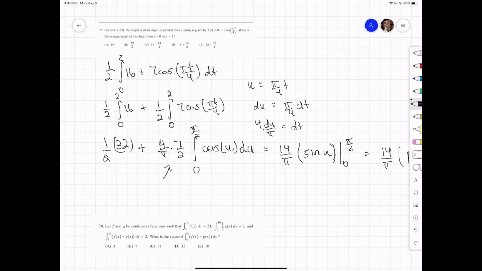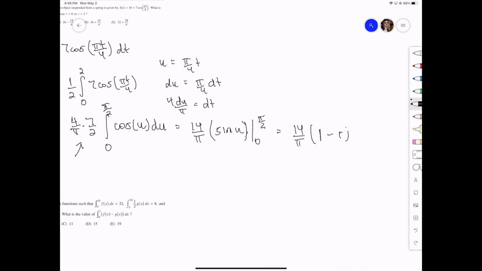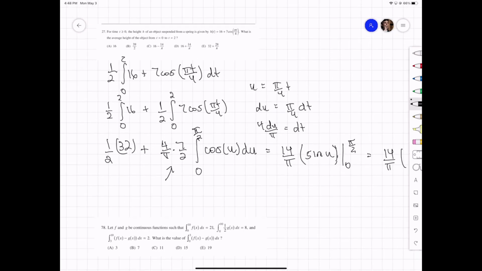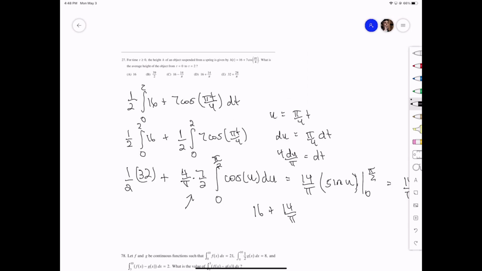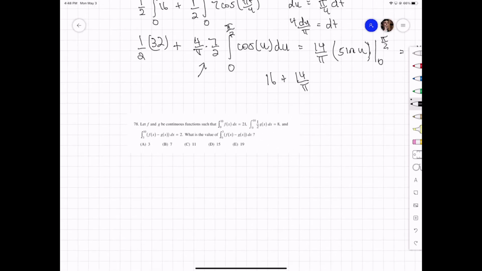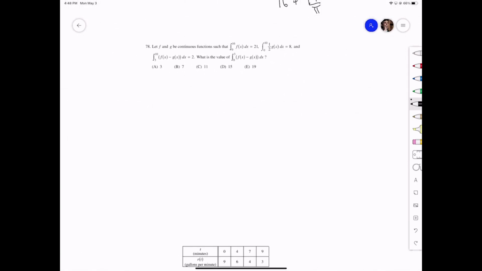Okay, yeah. So that's 14 over pi. So 32 over 2 is 16. So this is 16 plus 14 over pi. I think it should be D. Yeah. Okay.